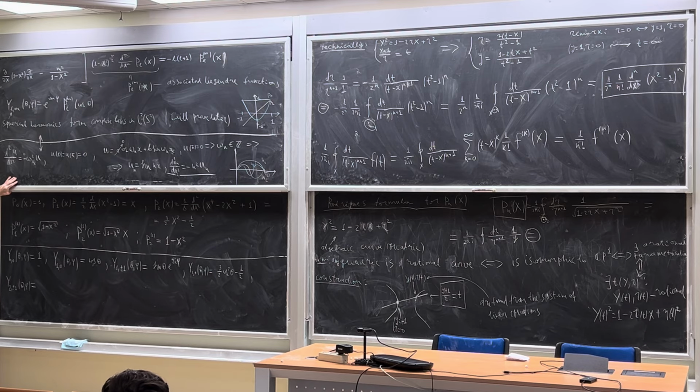Minus theta times cosine theta times e to the plus minus i phi.